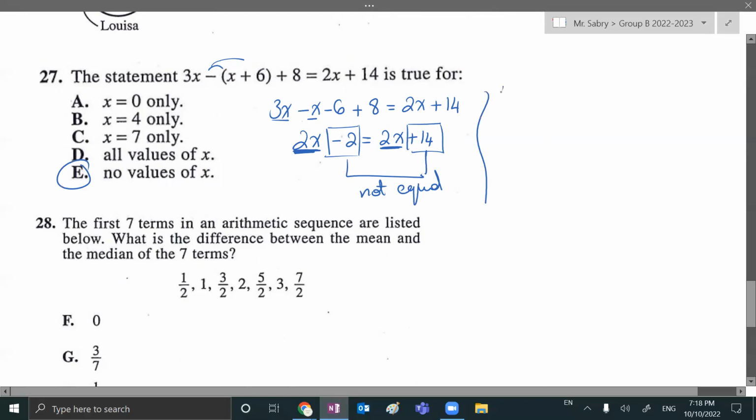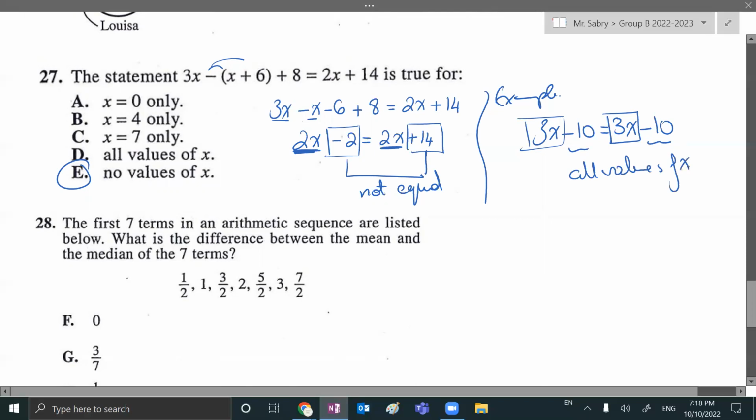On the other hand, in another example, if for any reason I had something like 3x minus 10 and on the other side 3x minus 10 as well, then this is equal to this. That means that all values of x will keep this true. Does this make sense to you guys?